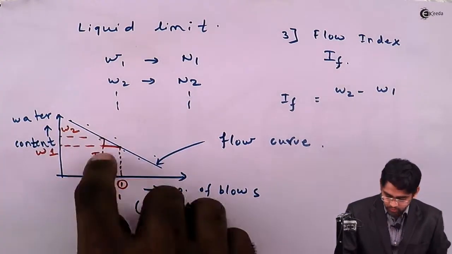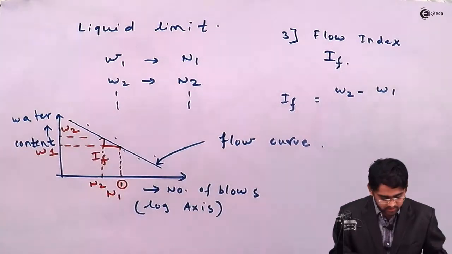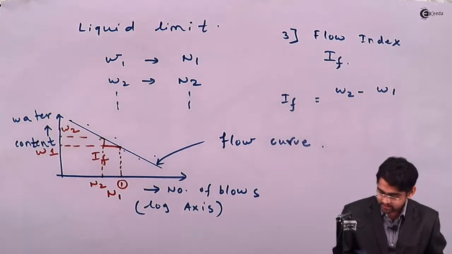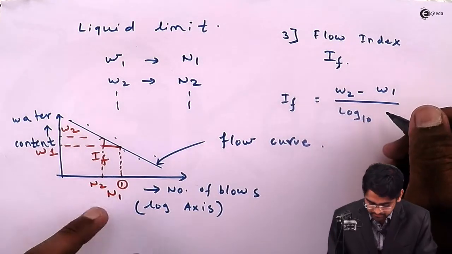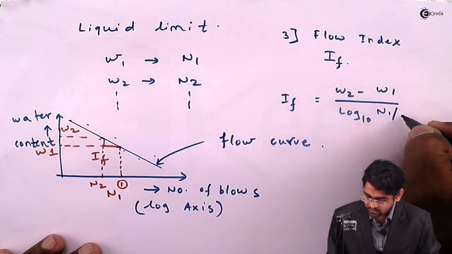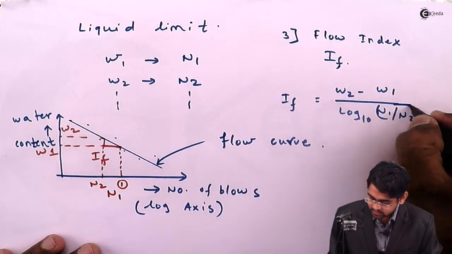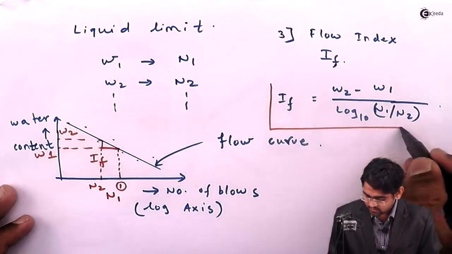So W2 minus W1 divided by log of N1 by N2 to the base 10. Log to the base 10 N1 by N2, and then the same. So from this you will get the definition of the flow index.